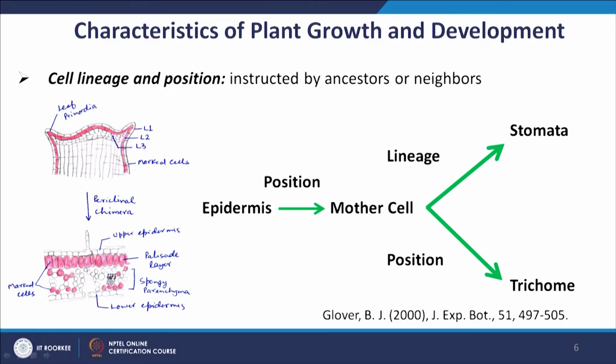So, if you mark the L2 cell layer, and then make an anatomy of the mature leaf which is coming from here, what you could see is that the cell layer which is beneath the epidermis has the marked cells.